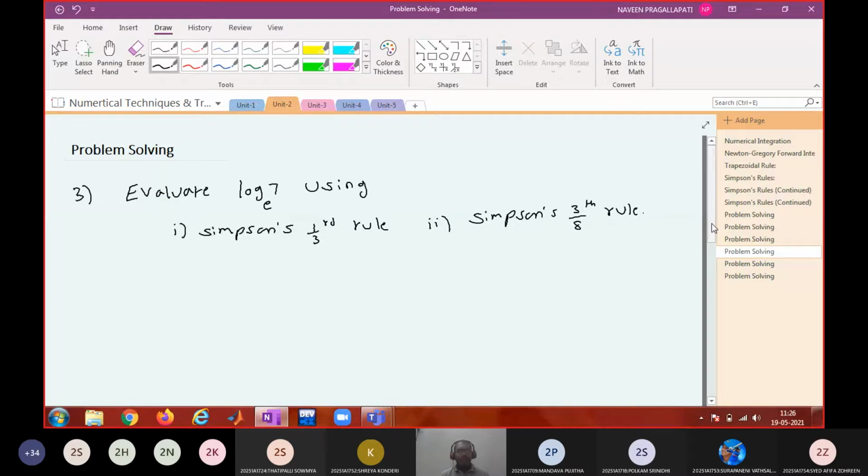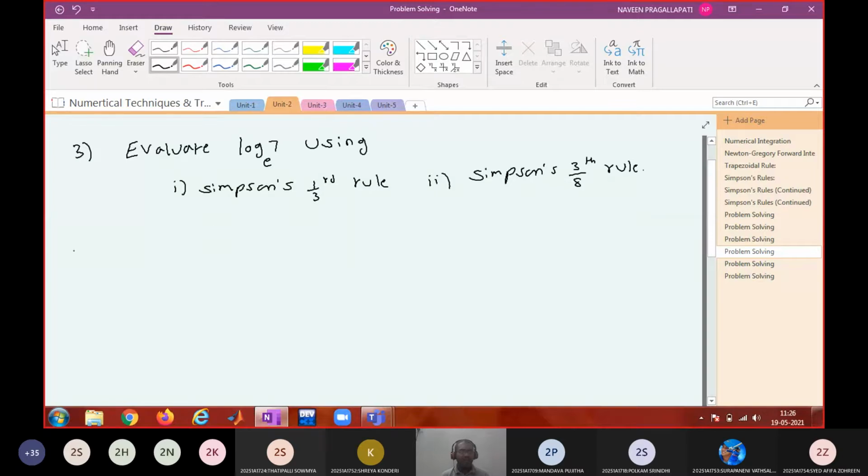Okay, so tell me how to evaluate log 7 to the base e. Simpson's rule means you have to use integration. You should be able to identify this value as the integral of some function. So how do we do that?